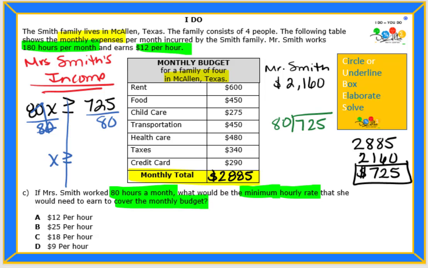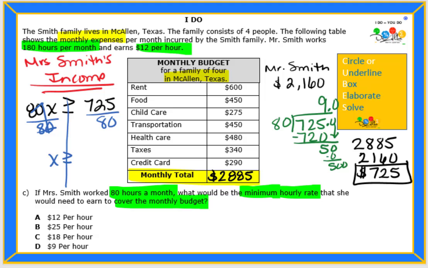80 cannot go into 7 or 72, but I'm going to put 9 here. That'll be 720. That'll leave me with 5, so I can put a decimal. And 80 goes into 50 0 times, so that's 0.0.